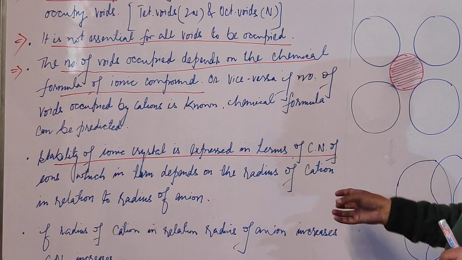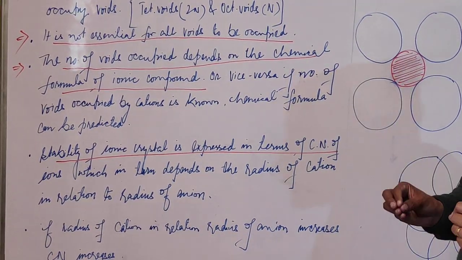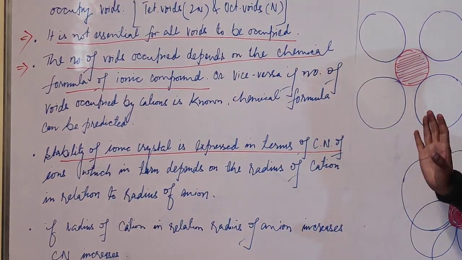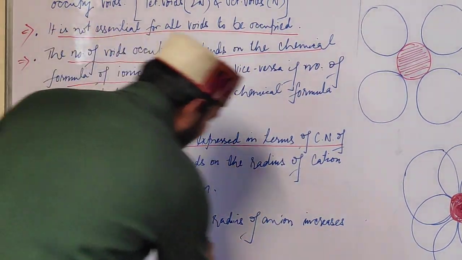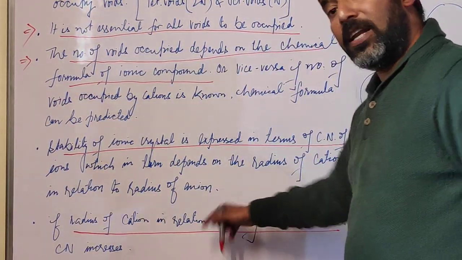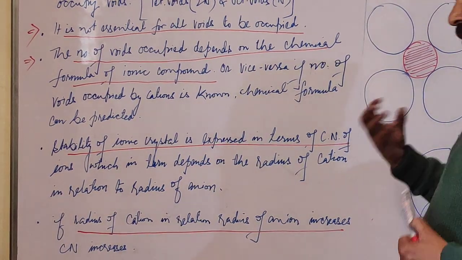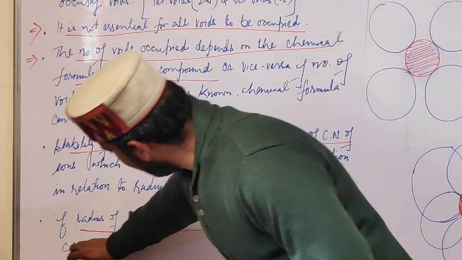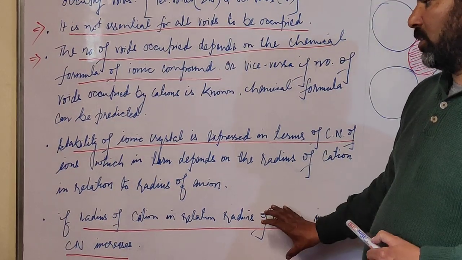So how much the coordination number of the ions will be depends on the relation between the radius of the cation and anion. Generally, we say that if the radius of the cation in relation to the radius of the anion increases, the coordination number will also increase. So this is a very, very important point.